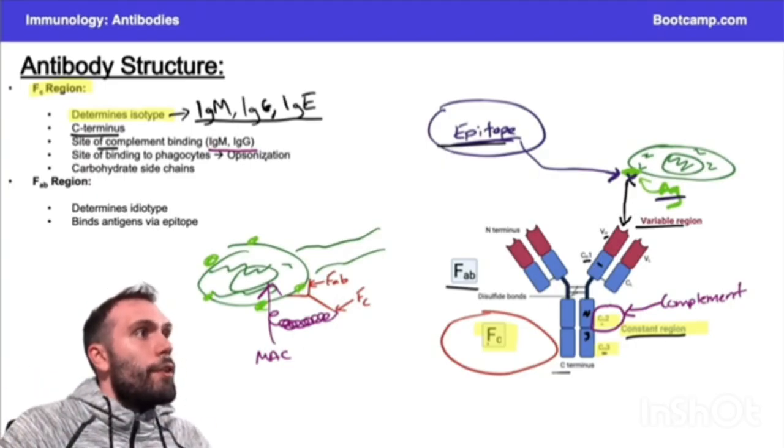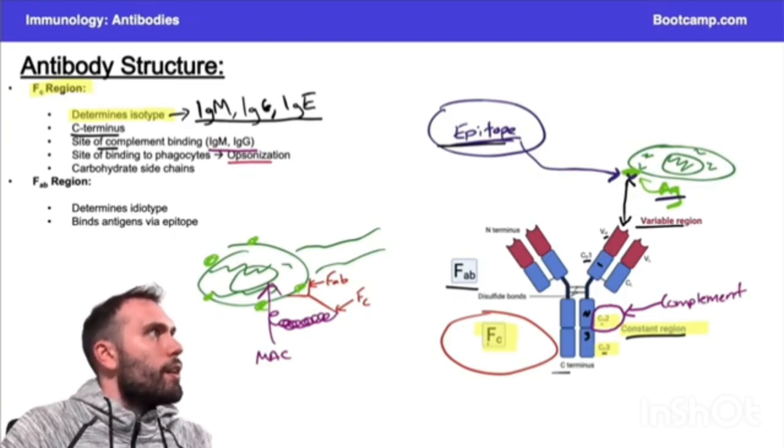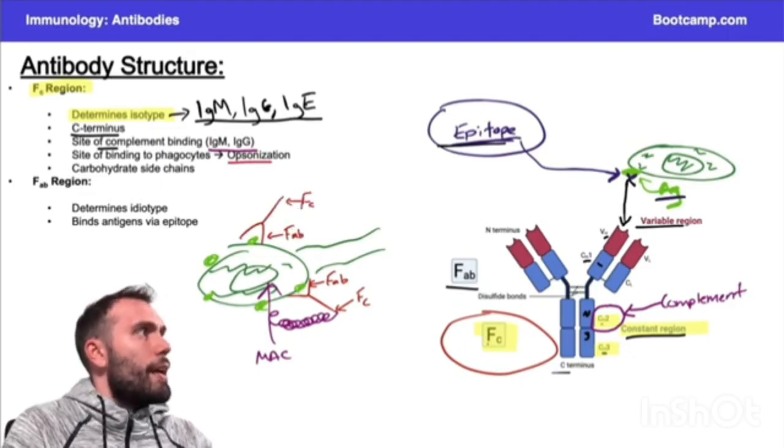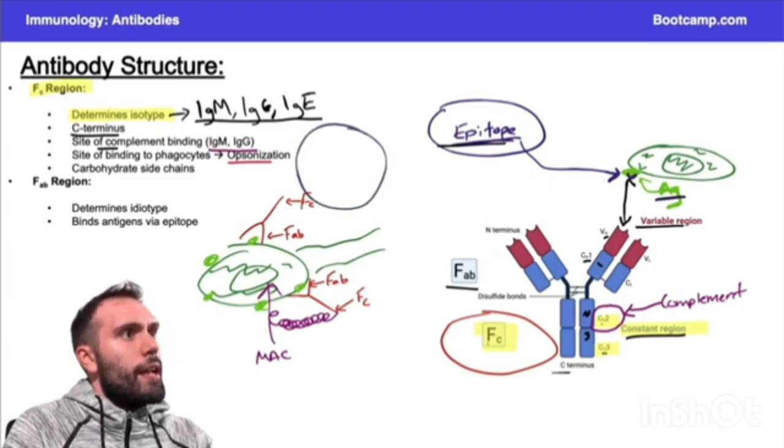Now, the other route we can go here is opsonization. It's a similar concept. Let's take our antibody binding here, and again, this is going to be the Fab portion. Then we have our Fc fragment back here. If I have some phagocytic cell around here, let's just say a neutrophil, this cell can get roped in to binding to this Fc portion.